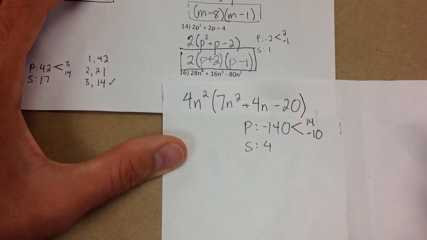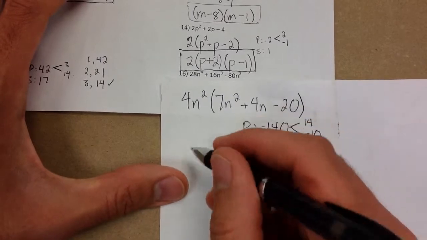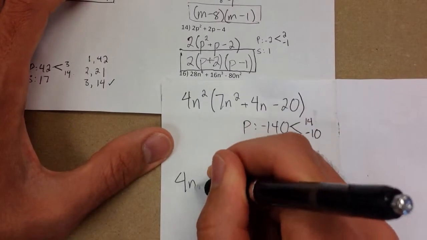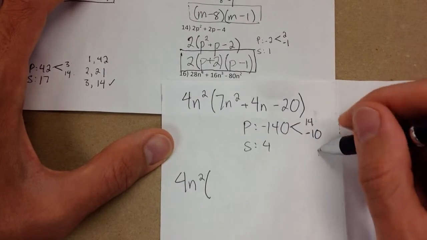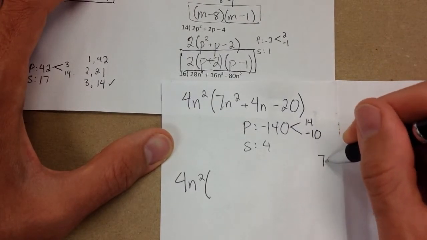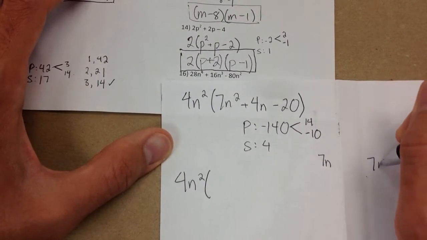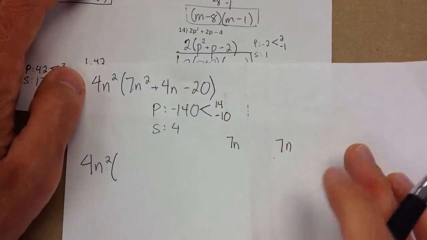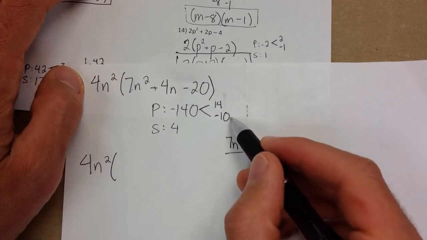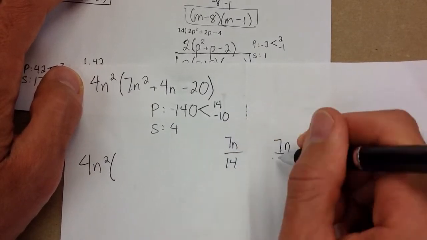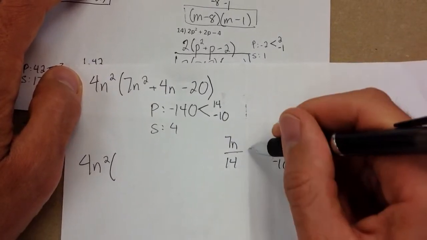Now you can use factoring by grouping or Nobes method. I just prefer Nobes. There's nothing wrong with the other method. Let me create my two Nobes fractions, 7n and 7n. Fraction bars, and then the numbers that I found from here go underneath, and then I reduce.